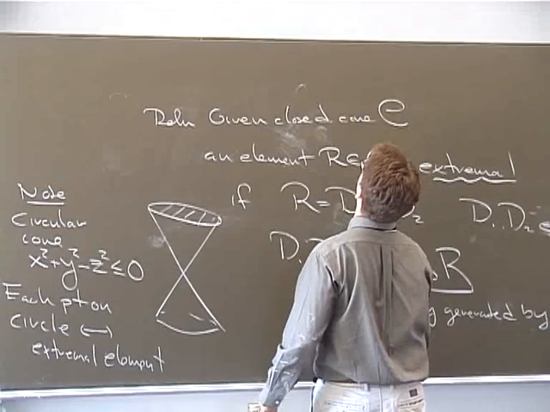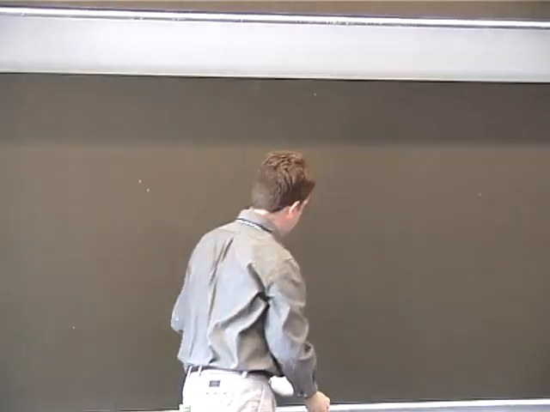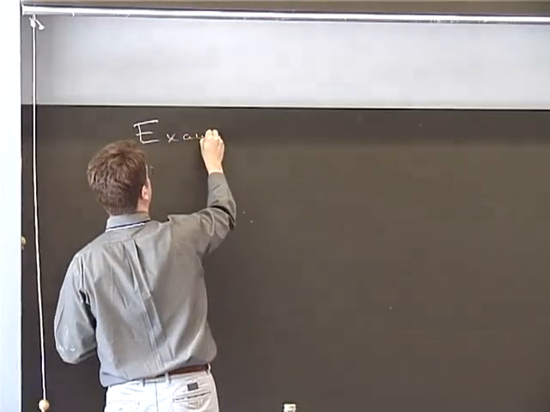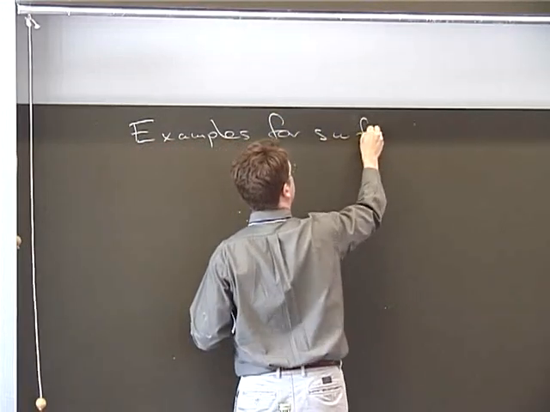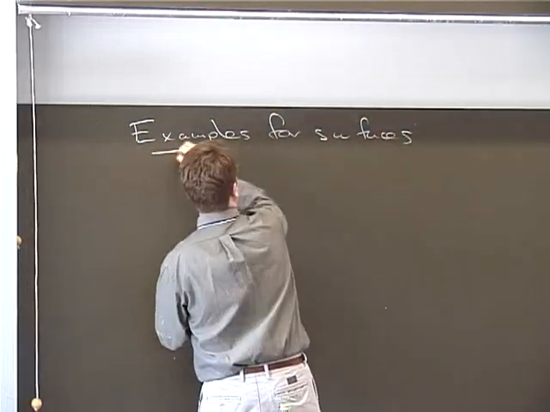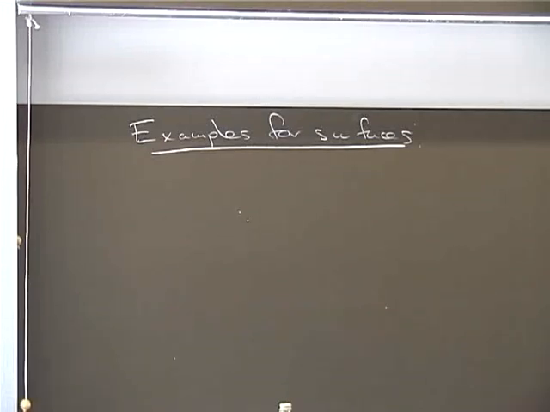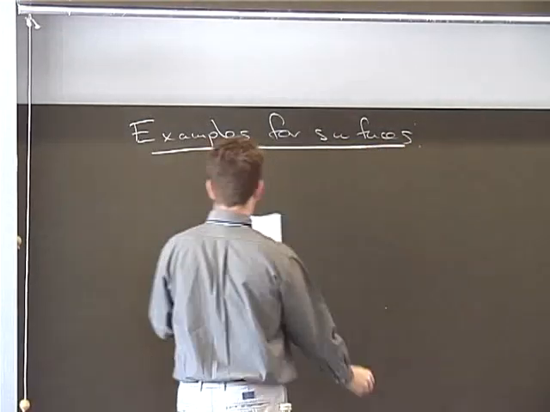All right. So with this said, let me describe a little bit some examples for surfaces. So one thing I'd like you to do is to actually be able to compute effective cones effectively. These examples for surfaces of effective cones.